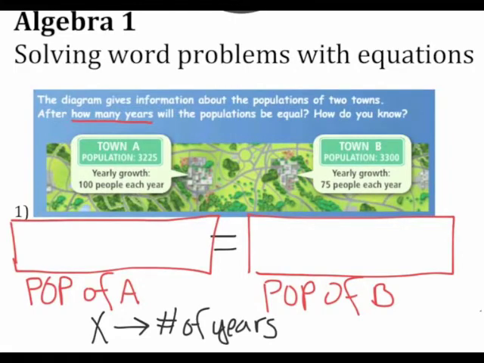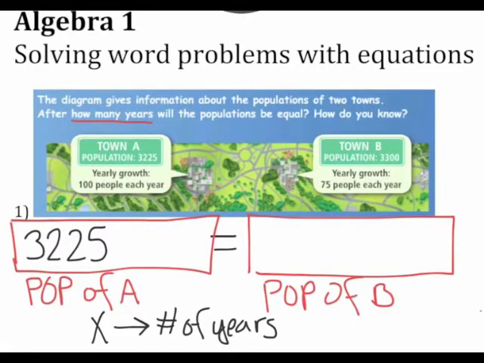Alright, now let's try to fill in these two boxes here. Let's write an expression for the population of town A first. Well, we know that town A starts with a population of 3,225. And we know that each year 100 people are added to the population of the town.